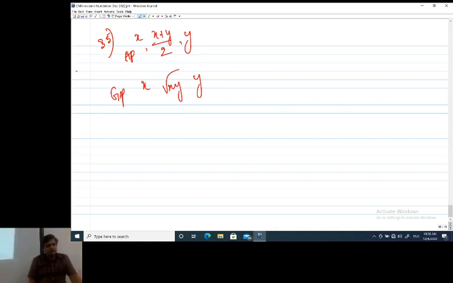Now, what has he given? The arithmetic mean exceeds the geometric mean by 2. So x plus y by 2 is equal to 2 plus root of xy. Exceeds means add 2.